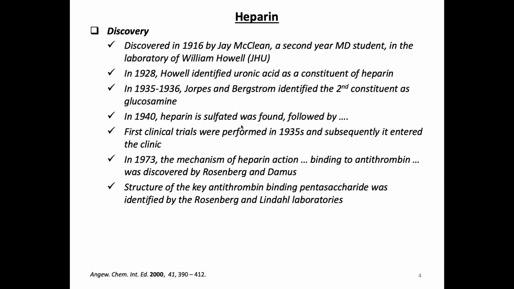Then pretty much after this, based on reducing the chain length of the molecule from close to 50 to close to 8 or so, they started investigating the structure of an octasaccharide, from which they identified a pentasaccharide as the key structure that is responsible for binding to antithrombin.